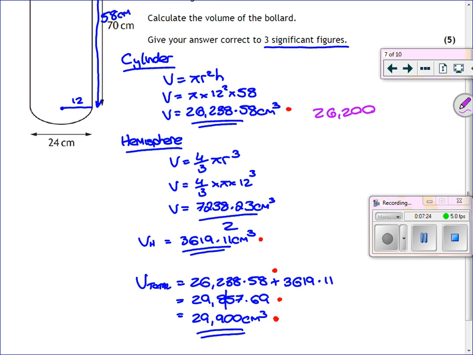I will not round it here to 3,620, because if I then add those two up, I get 29,820. So you can't round again. Keep the rounding very mild. Yes, I rounded it off to 2 decimal places, that's absolutely fine, that's not a problem. But leave your rounding to 3 sig figs until the very end. Never ever round too early.